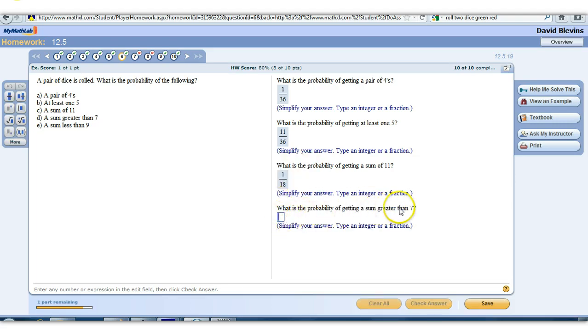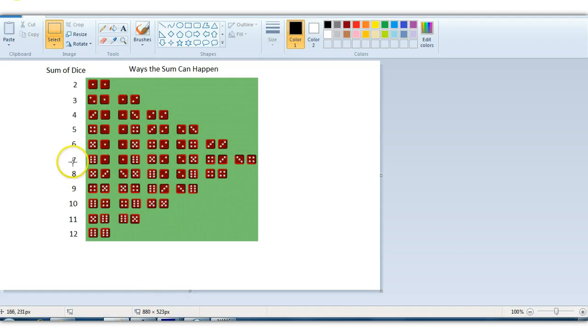Alright, what's the probability of getting a sum greater than 7? So greater than 7, none of these count: 2, 3, 4, 5, 6. 7's not greater than 7, so we're only looking at the 8, 9, 10, 11, and 12 sums.